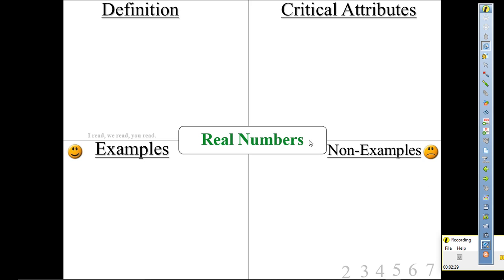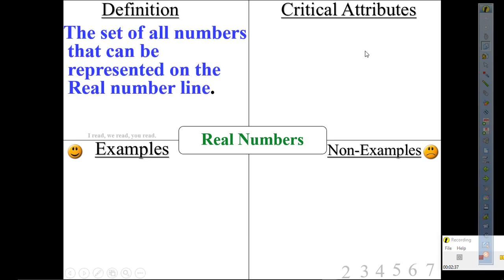All right, let's see. Real numbers: the set of all numbers that can be represented on the real number line. Make sure your definition, even if it's not word for word from what I have, says something to the effect of all numbers on the real number line.